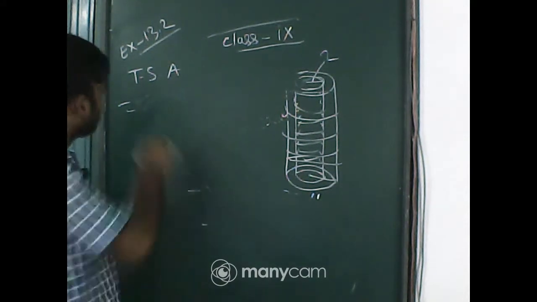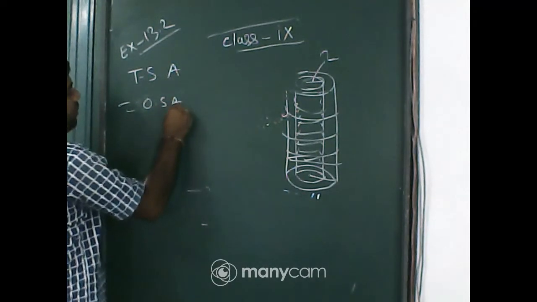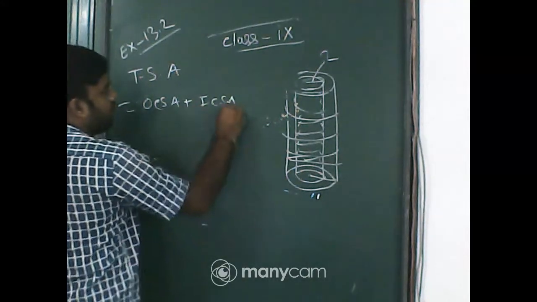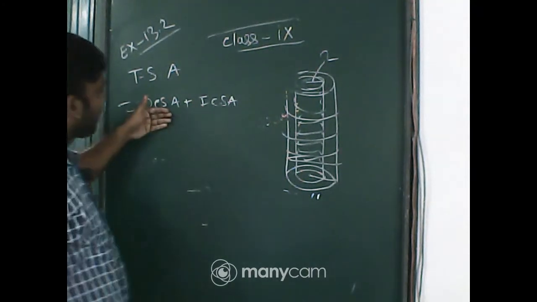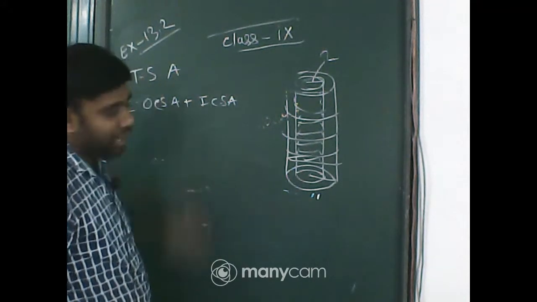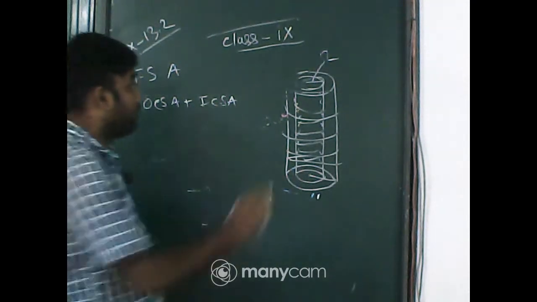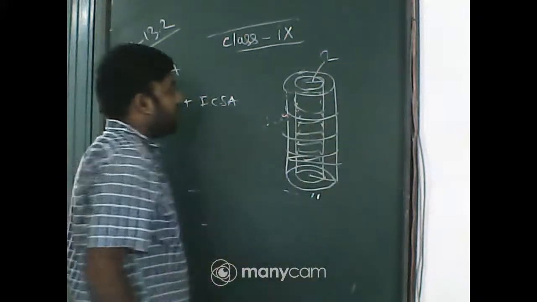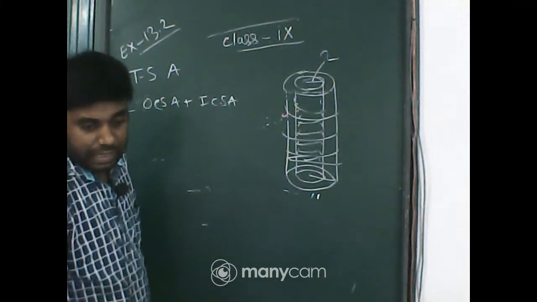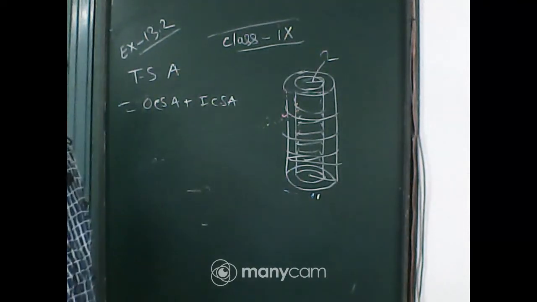First check it, total surface area equal to outer curved surface area plus inner curved surface area. First tell me, sum of outer curved surface area and inner curved surface area is equal to total surface area, yes or no? Give me the answer.